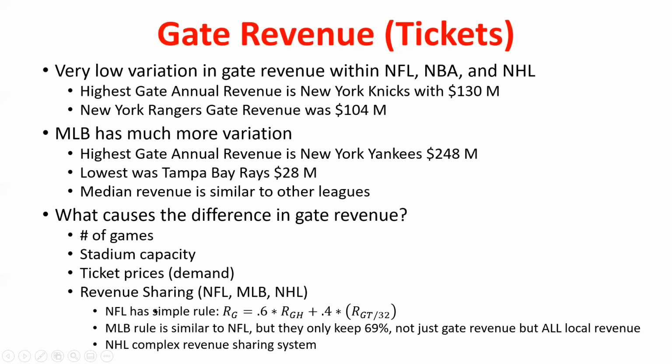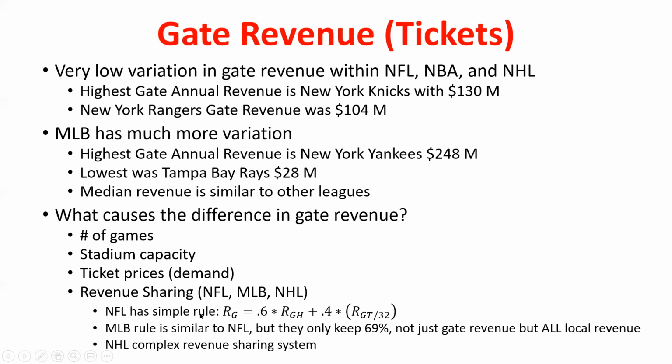So the NFL's is probably the most simple, right? Basically whatever gate revenue you make, your ticket revenue, you keep, I think is it 60? Yeah, so you keep 60% of it, right? So you keep 60% of the revenue. The rest of it goes to the league and then is redistributed evenly to every single team. Now, the way in which this is done is every team pays in and then the league redistributes it.